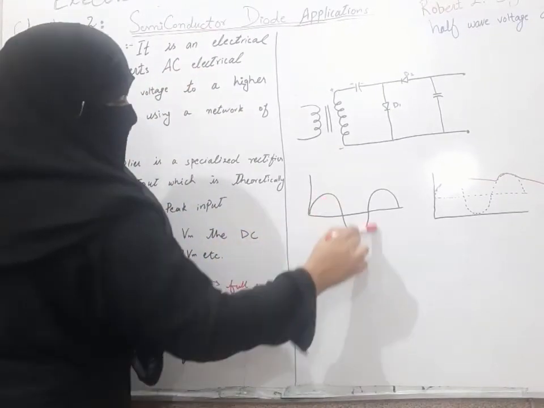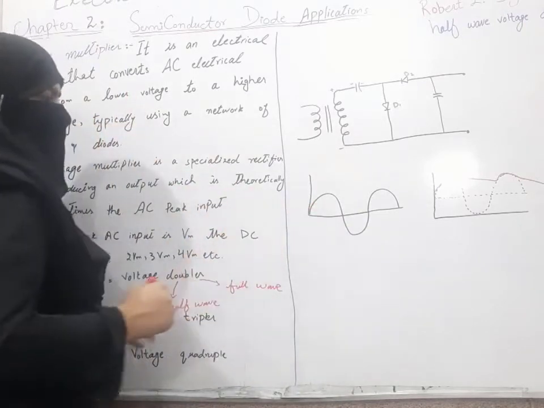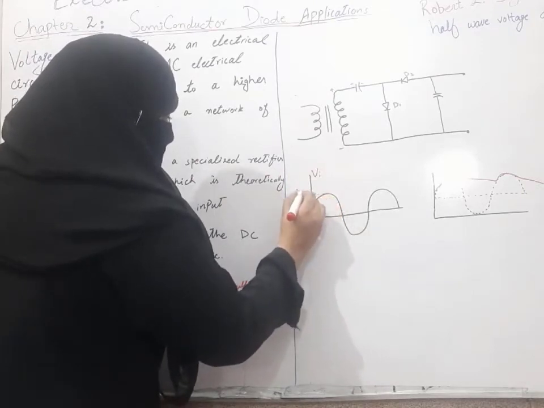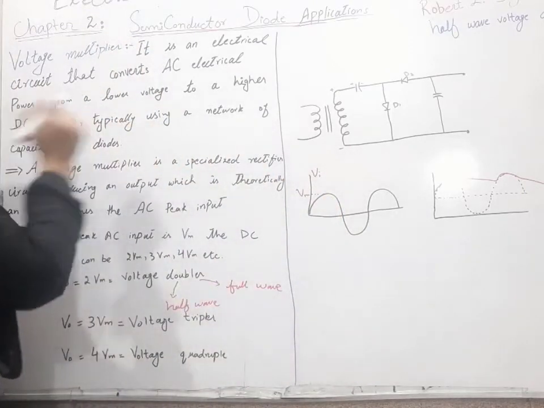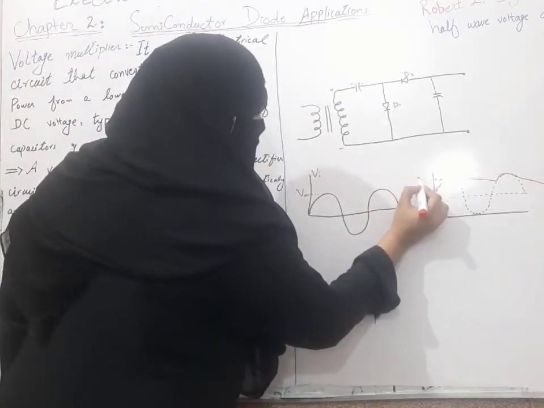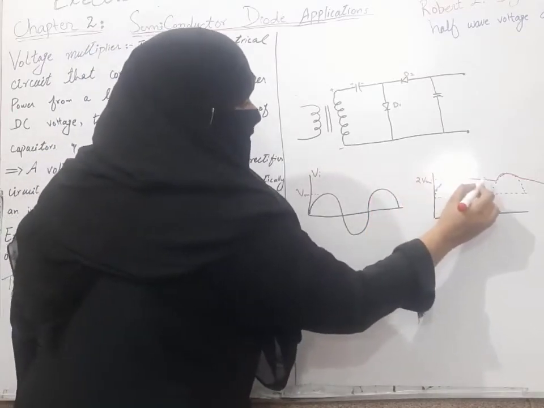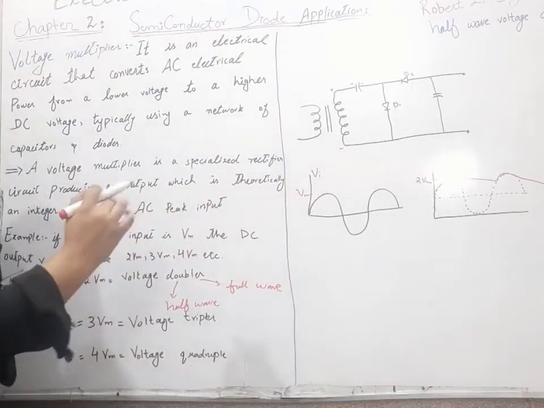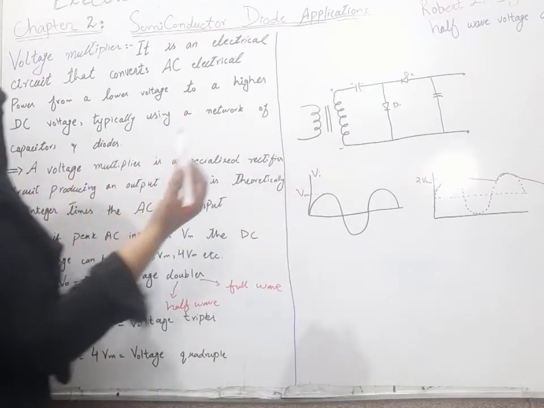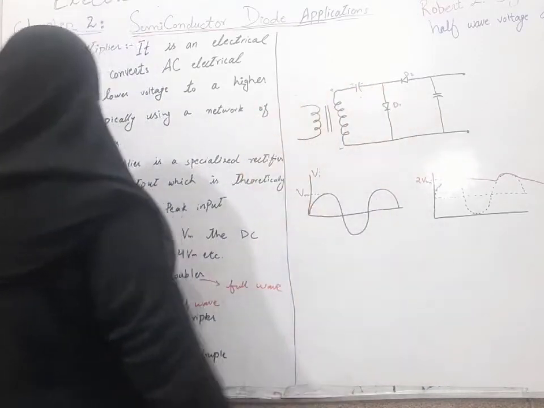This is the AC electrical power from a lower voltage, this is Vi and its maximum level is Vm, to a higher DC voltage, its maximum level is 2 Vm. This red line shows the DC voltage. It will use a network having capacitors and diodes.